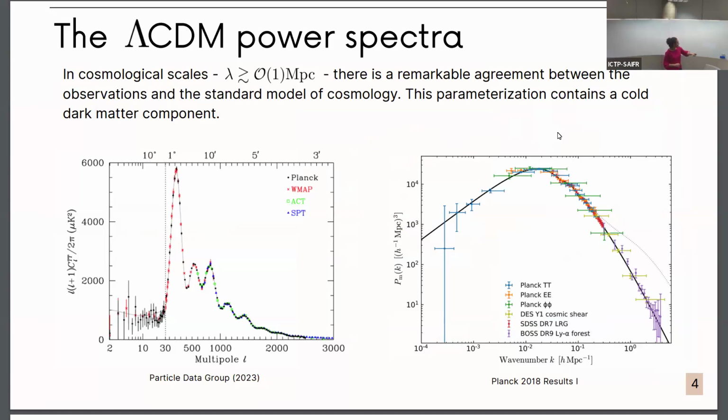Here we can see these black lines behind the observational dots. It's the fit of the standard model of cosmology, that's Lambda CDM. And this parameterization contains a dark matter component, a cold dark matter component. And we can see that we have a remarkable agreement between the observations and this modeling. And this is very important and also very strong evidence of dark matter.